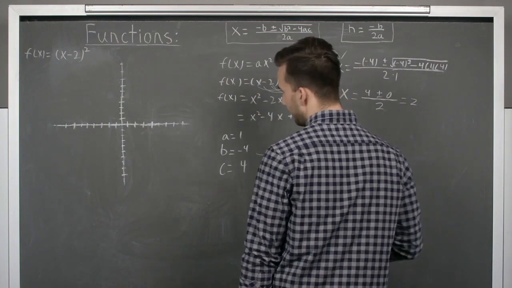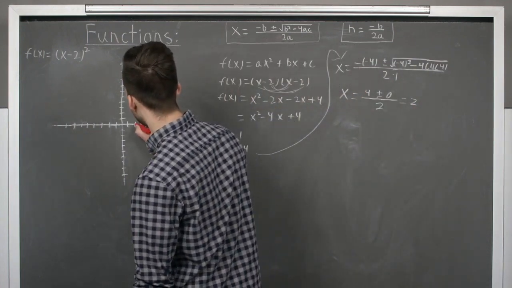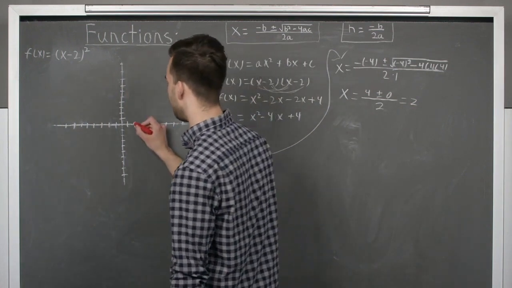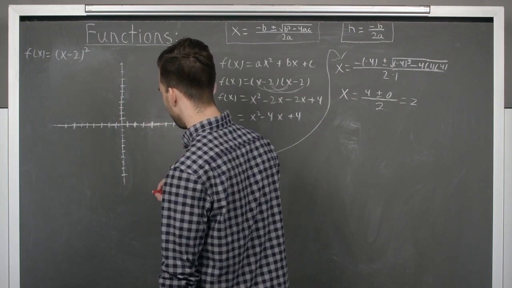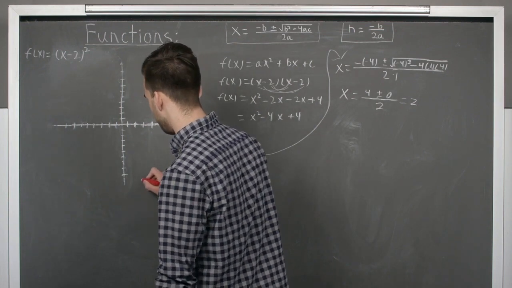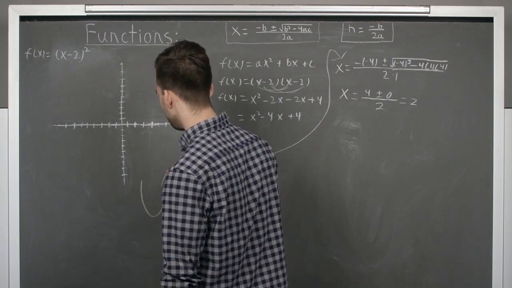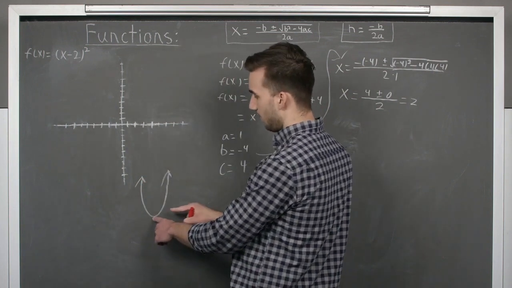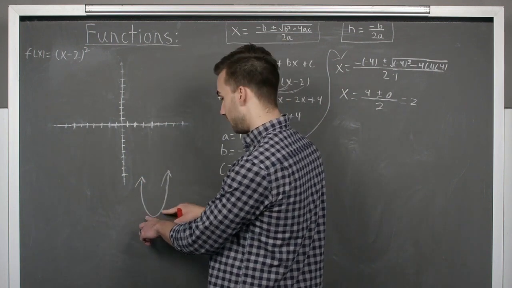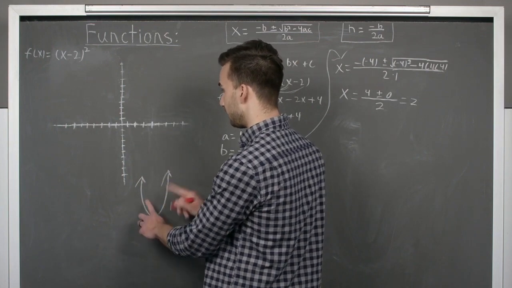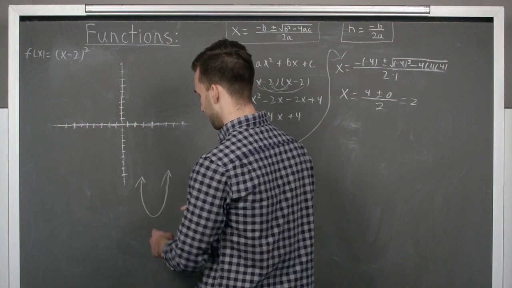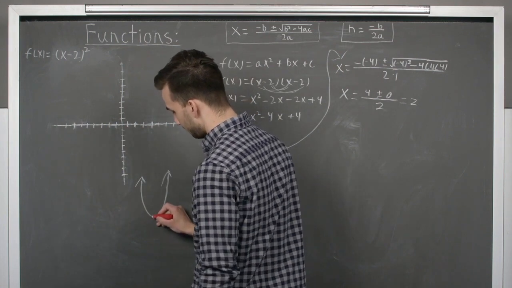So what that means is there's only one point in the entire function where I'm going to draw a parabola down here. So there's only one point in the entire function where there's not two parts of the function going through a horizontal line, and that is this point that is the vertex.